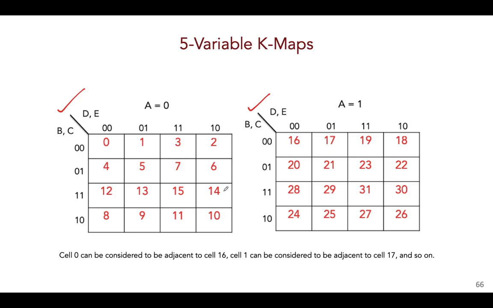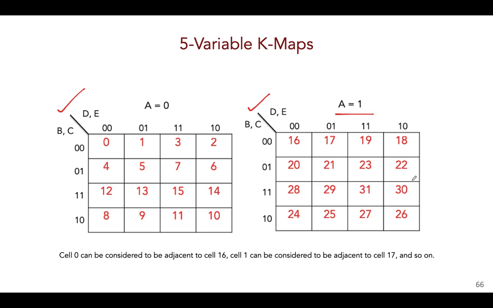The same system is then followed for the second 4 variable K-map, that is for a is equal to 1. We left off at 15, so here we start with 16, 17, 18, 19, 20, 21, 22, 23, then skipping this row, 24, 25, 26, 27, and then coming back to this row, 28, 29, 30, 31. So we have a total of 32 cells, and the numbering goes like this.